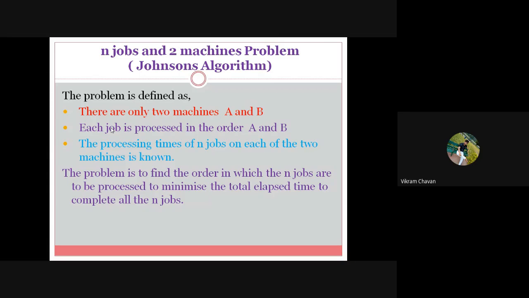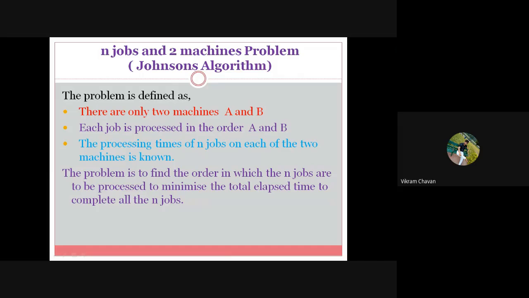First, a job needs to be processed on machine A, and then it is transferred to machine B. The processing times of the n jobs on the two machines are given.